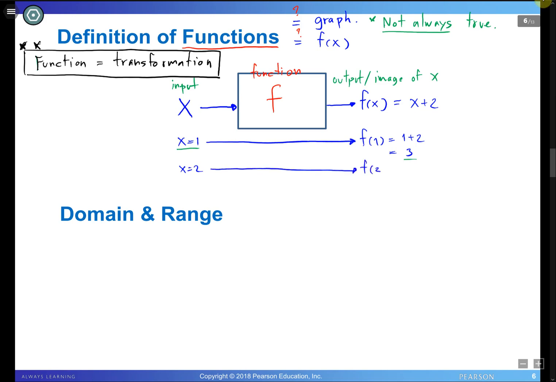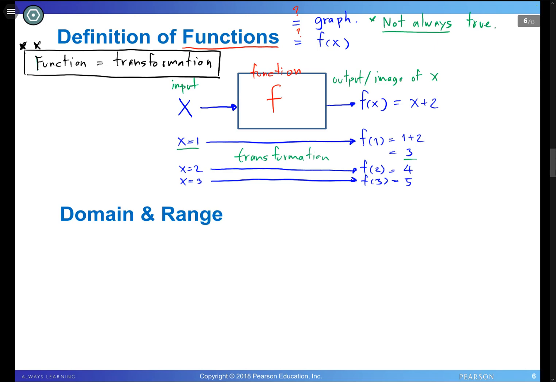Image of x equal to 2 is 2 plus 2, we get 4. And if we keep going, we have x equal to 3, and same thing, transformed into f(3), and that's equal to 5. So what you see right here is transformation, changing x values into something else.